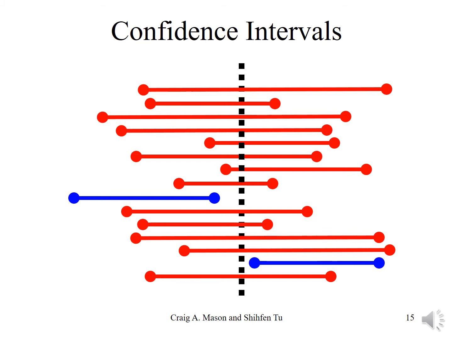Now, not always. If we did an infinite number of samples, there would be some cases where the 95% confidence interval based on those samples does not overlap or contain the true population mean.